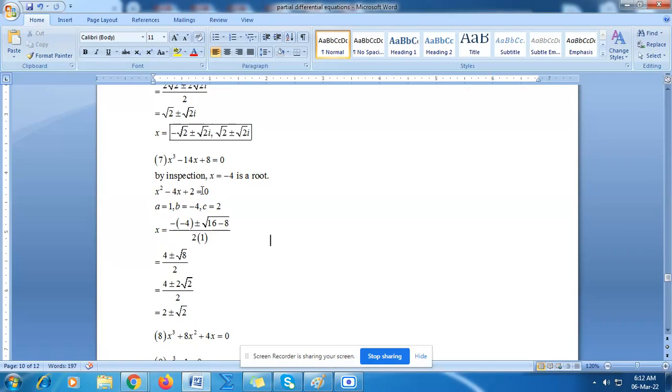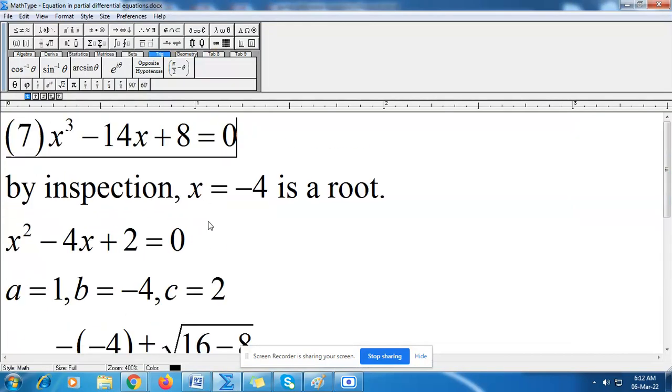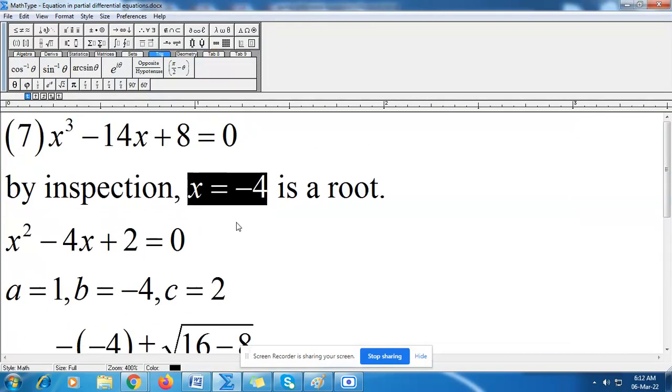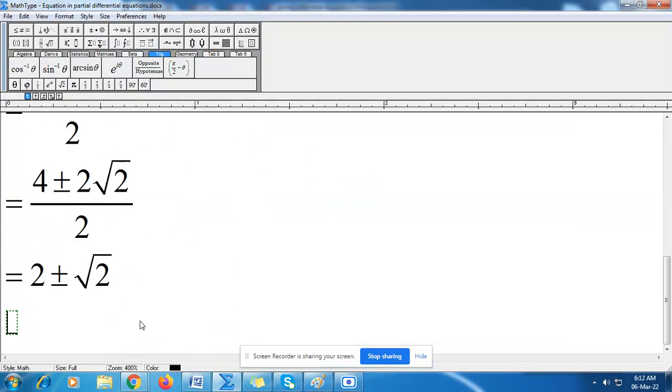One is minus 4 and the others are these. Therefore, the roots are minus 4, 2 plus root 2, 2 minus root 2. So we have three roots.